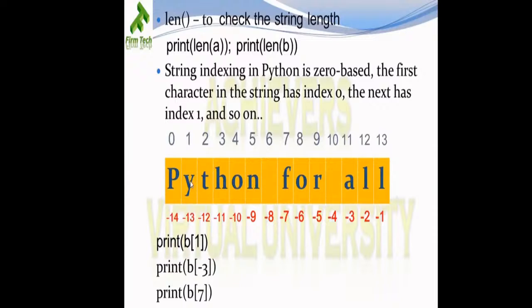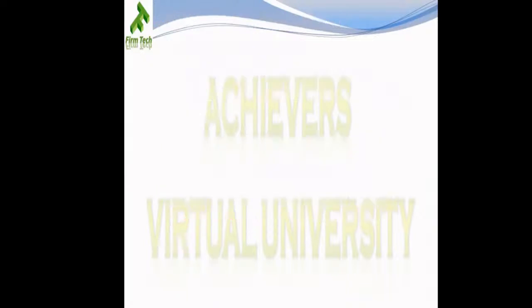Y is the character at index number 1. If you print B[-3], so -1, -2, -3, it will yield A as the output. If it is print B[7], then you may get F as the output. So we can use positive index or negative index.